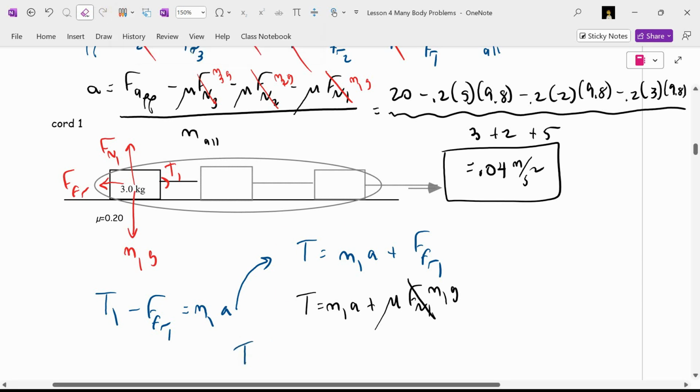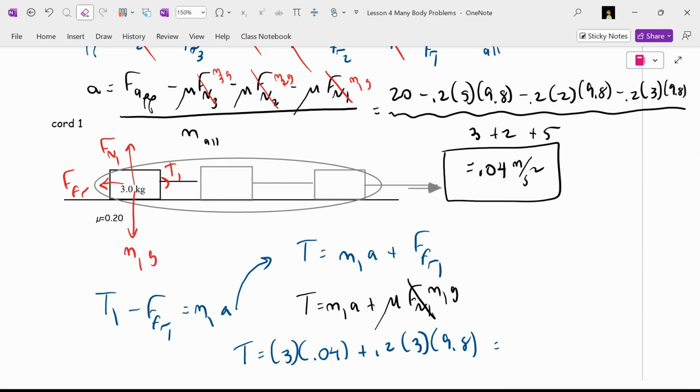Hey, I think we're good now to plug and chug. Let's see. Tension is going to be M1 3, times 0.04 plus what's mu? I don't know what's mu with you. 0.2, M1 3, 9.8. What do you get?